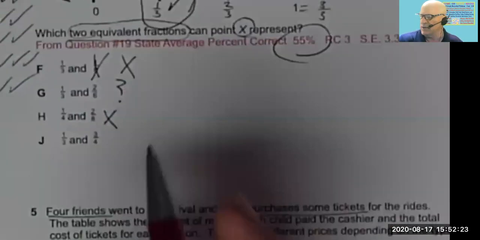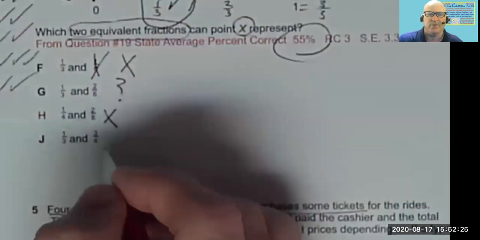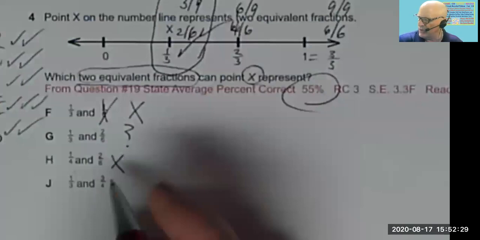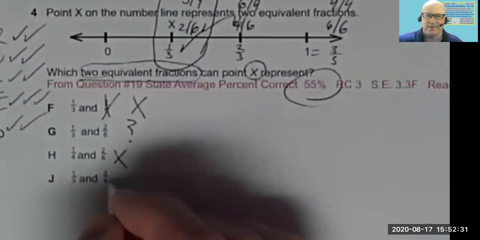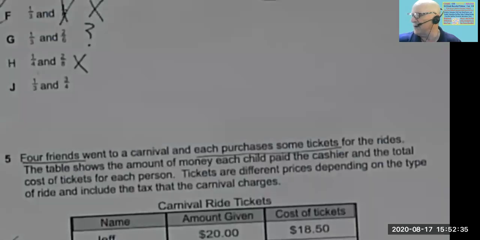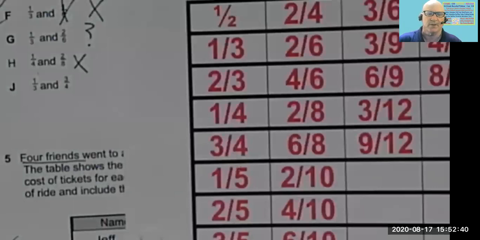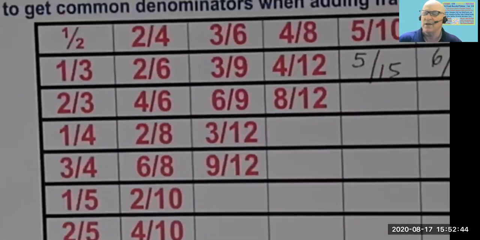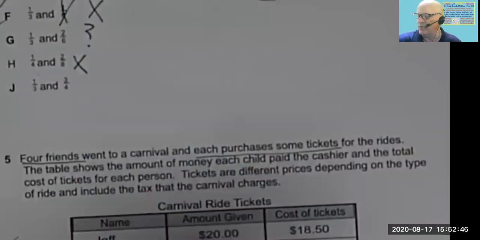1/3 and 3/4. Well, there's no 3/4 anywhere. 3/4 goes with 6/8. We can even look over here and see if we have 3/4. There it is right there. 3/4, 6/8, 9/12. And they weren't asking about that group of equivalent fractions.